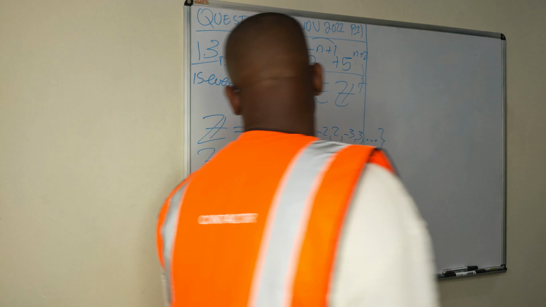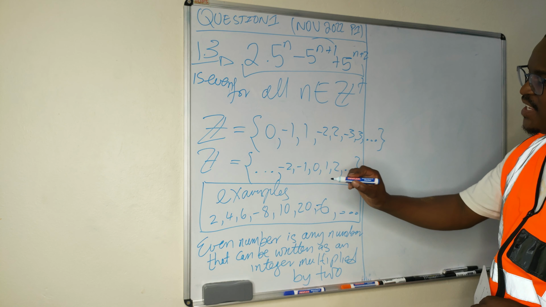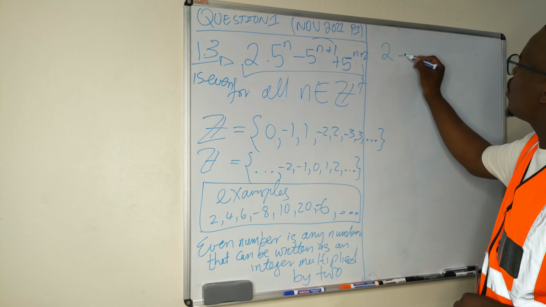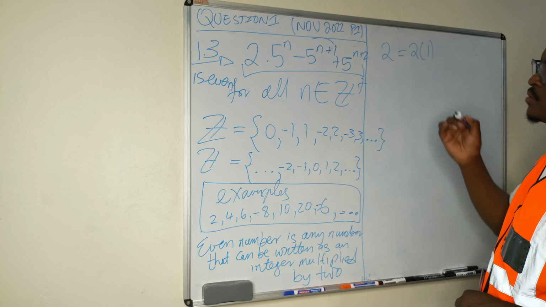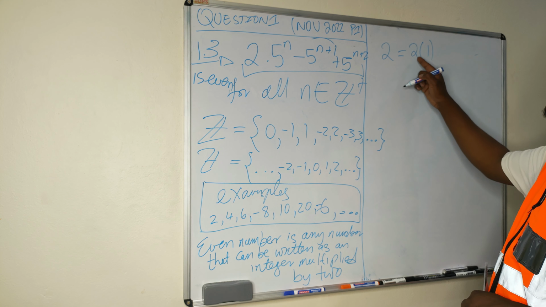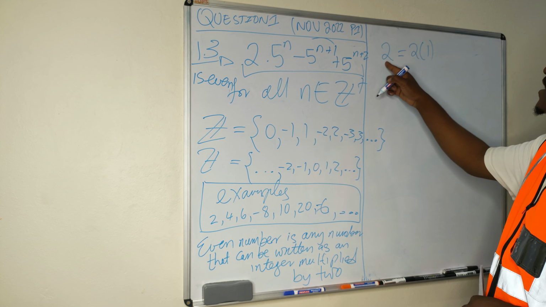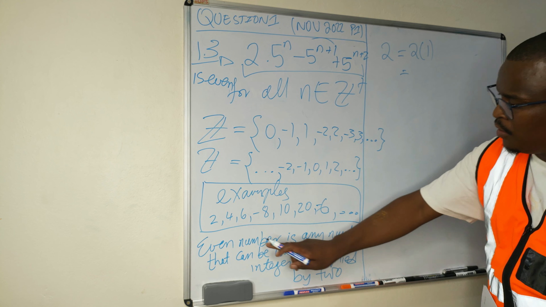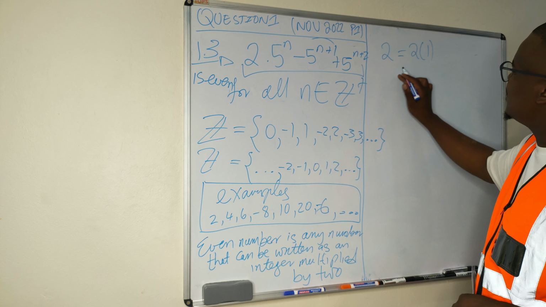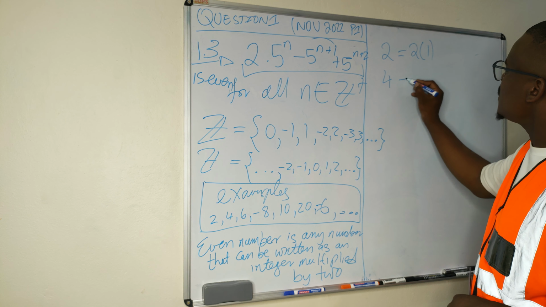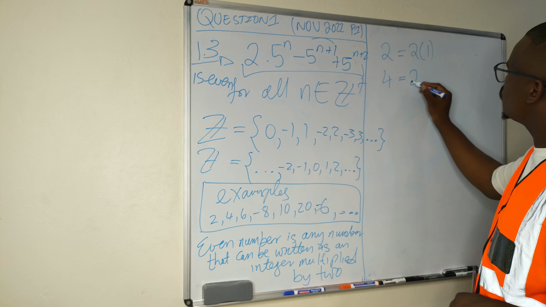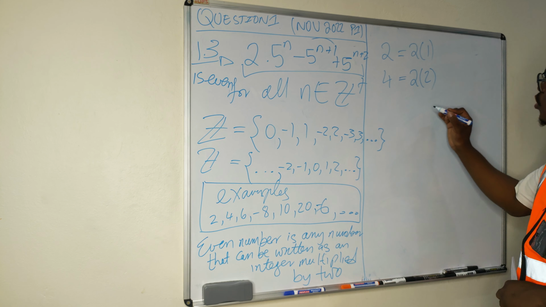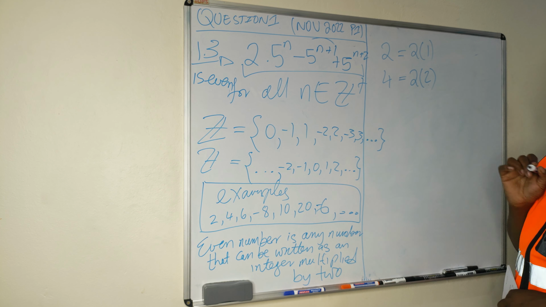Look at 2, for example. So 2 is even because 2 is equal to 2 times 1, which means 2 can be expressed as an integer times 2. 4 is also even because it can be written as 2 times 2, which means it can also be expressed as an integer times 2.